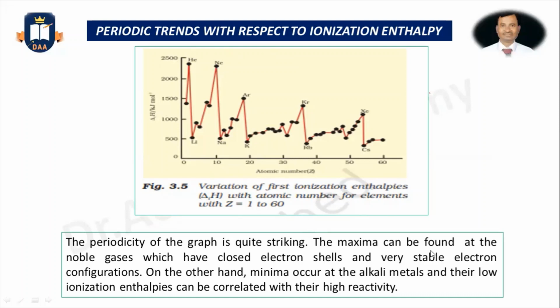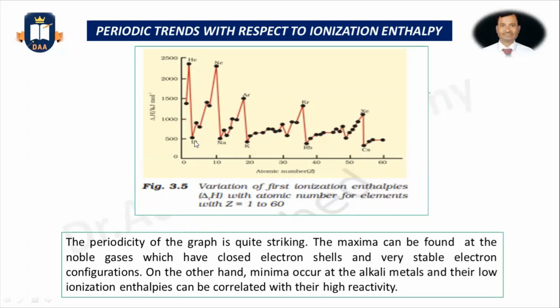The maxima are found at the noble gases, which have closed electron shells and a very stable electron configuration, so it is very difficult to remove an electron from their outer shells.